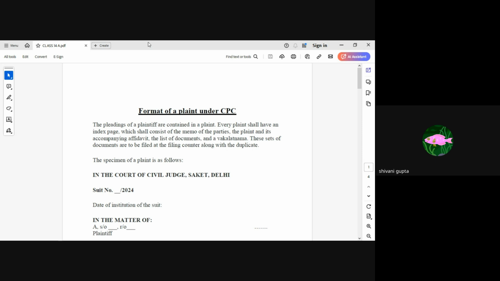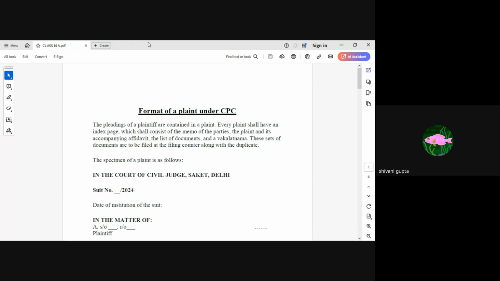Are the annexures also filed alongside the plaint if necessary? Annexures, what kind of annexures? Along with the plaint, you have to file a list of documents and the wakalatnama also, and it is necessary if you are talking about the wakalatnama and the list of documents. So yes, it's necessary to file at the same time. Yes, anyone else have any question?